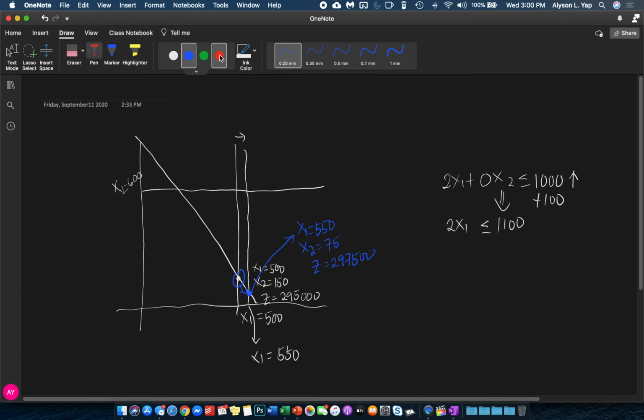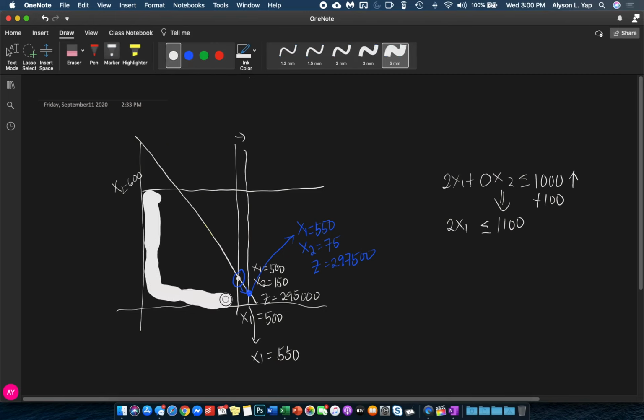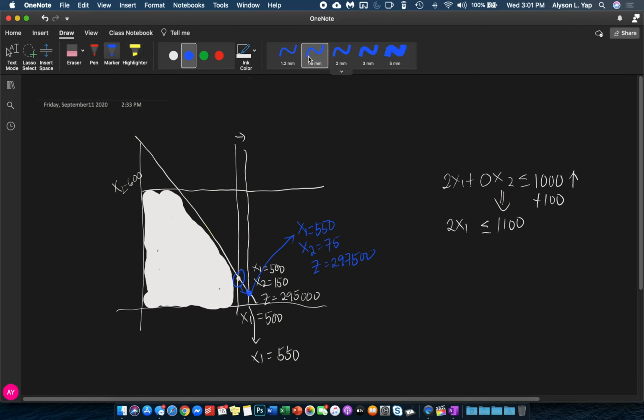Because as you can see, from this original feasible region, we are technically adding this feasible region, because we are increasing our right hand side from 1000 to 1100.